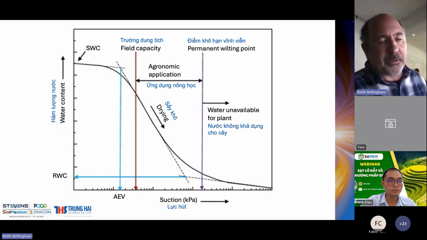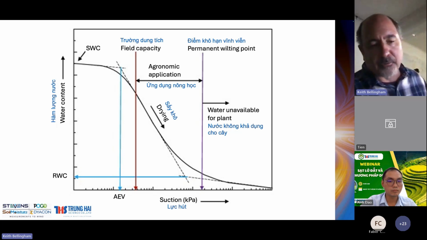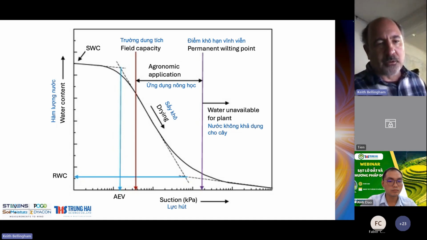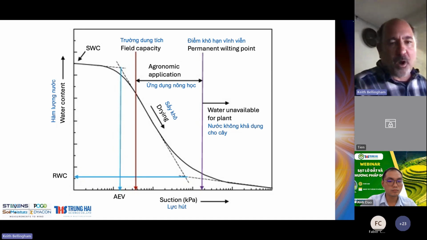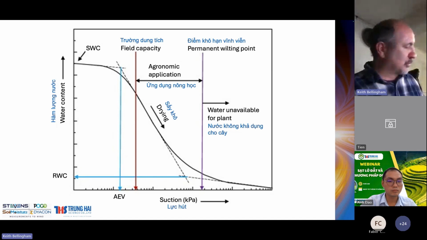Permanent wilting point is also an important hydrological threshold in soil, because that's the point at which a plant can no longer take water out of soil. So at 15 bar, that's fairly dry, and a plant can no longer pull water out of the soil with its roots.